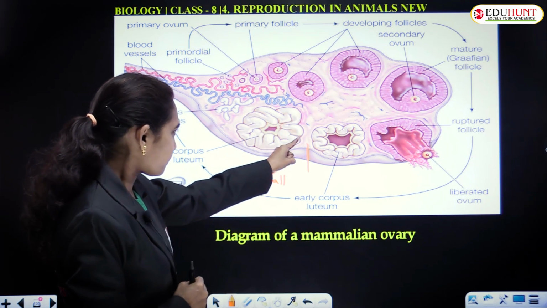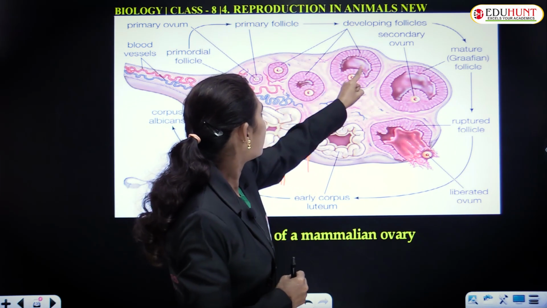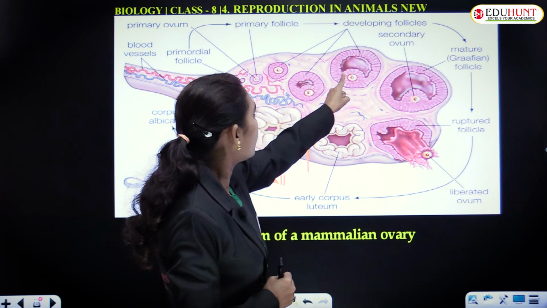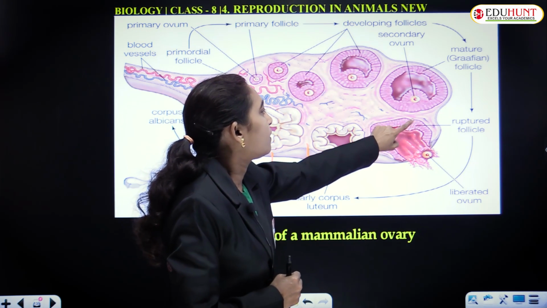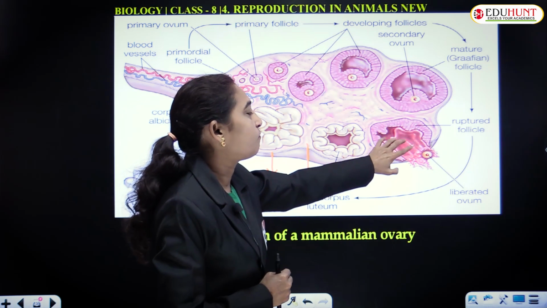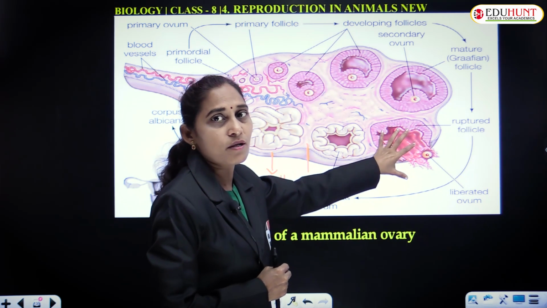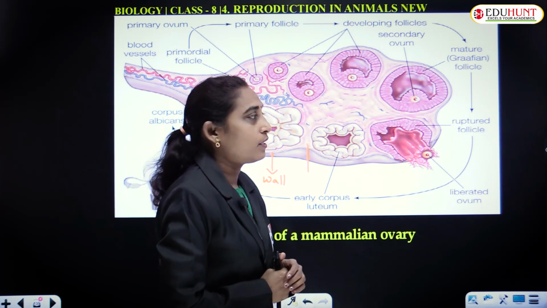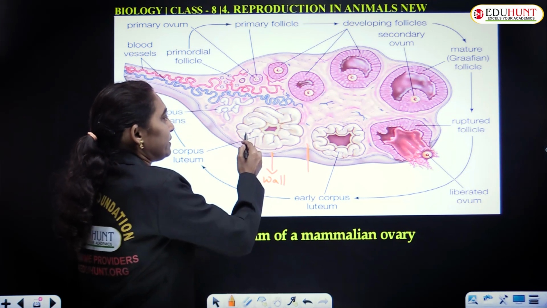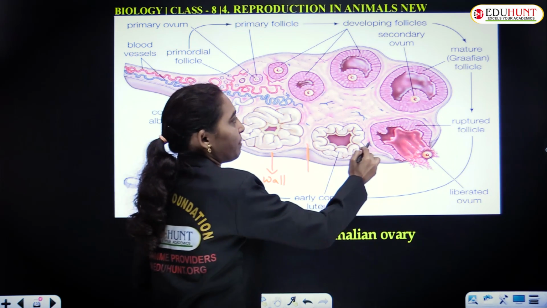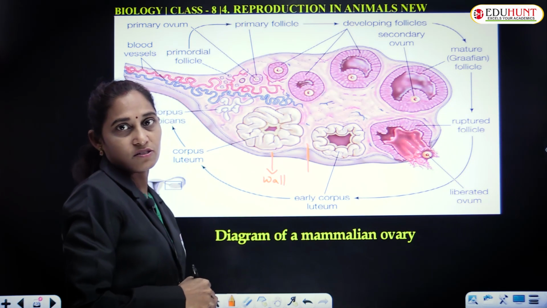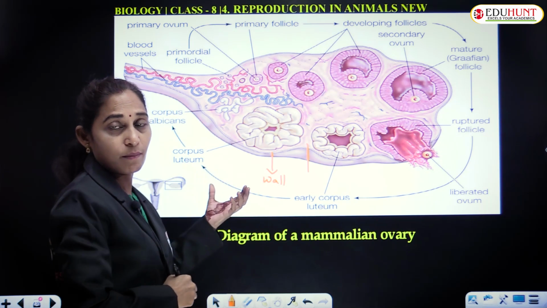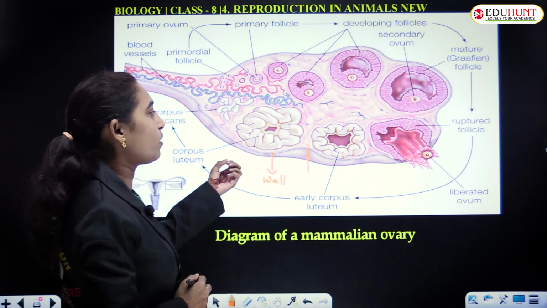These are the various structures, that is, the follicles which enclose ova. We can see the various stages of development of the follicular cells.